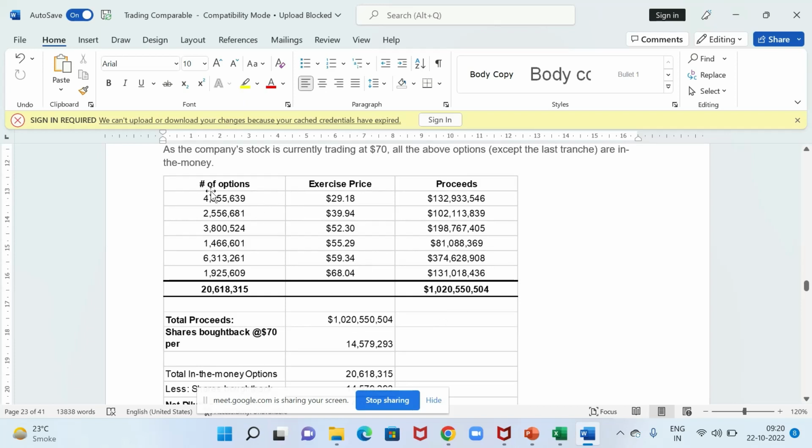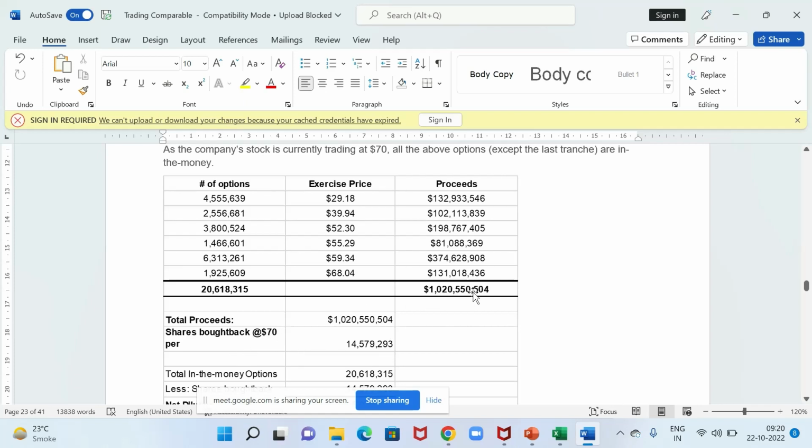Total proceeds. These are the number of options, this is the exercise price. Options into exercise price give me total proceeds. Suppose the company has to buy back shares at a price of say 70.